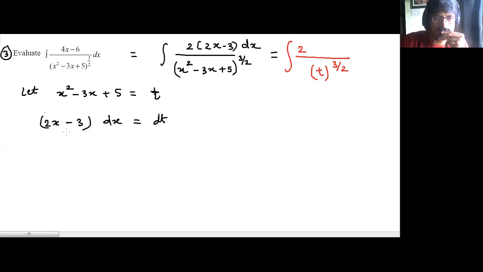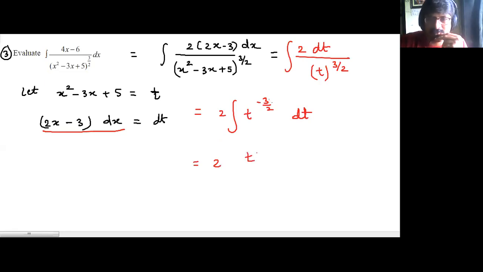What is this? 2x minus 3 dx is simply dt, isn't it? Now, how will we simplify this integration? 2 we will write down outside because that's a constant. And t raised to power minus 3 by 2 will be the simplest version, and dt. Now, what is the integral of t raised to power minus 3 by 2? Simple. t raised to power minus 3 by 2 plus 1, that is minus 1 by 2, and denominator will become minus 1 by 2.